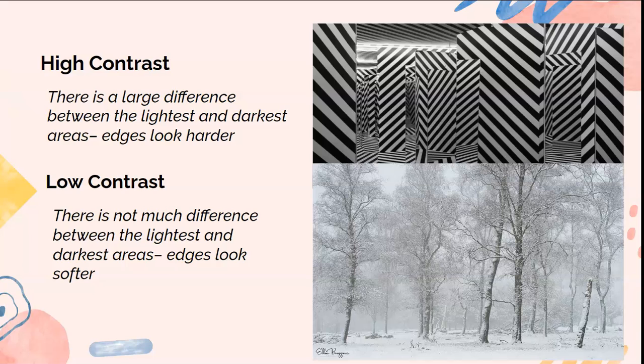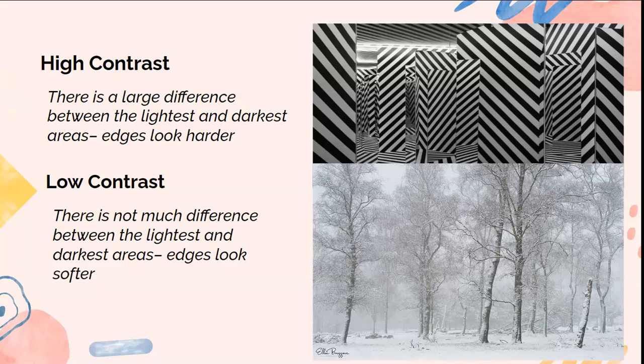So when your values are close to each other, like this illustration, and similar just like what is shown in this picture again, it has a low contrast because we can only see shades of gray, all shades of gray, light shade of gray, and that is your low contrast.